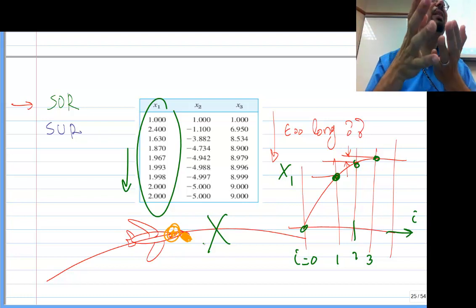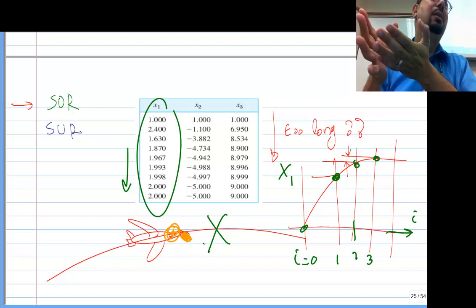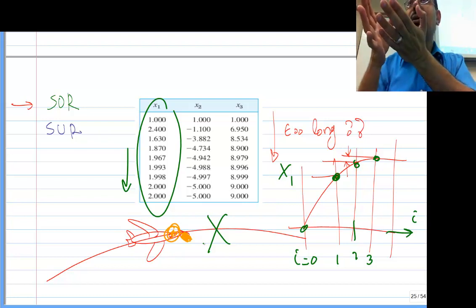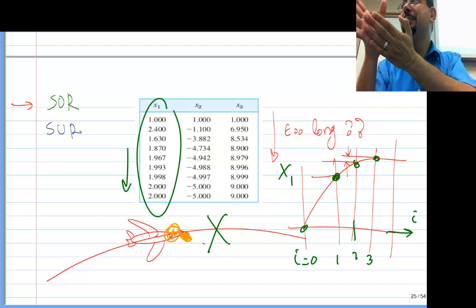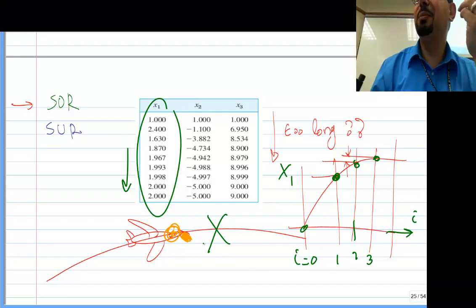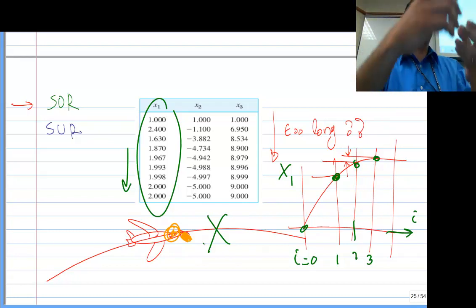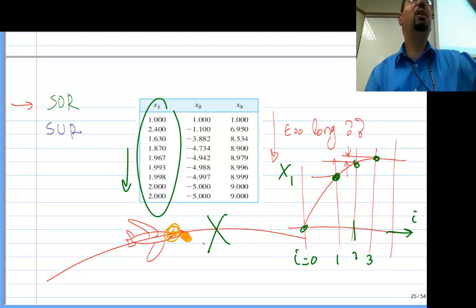So where do you want to hit the solution? On the solution or ahead of it? Overshoot it. Exactly.